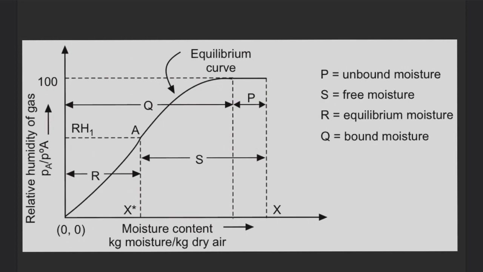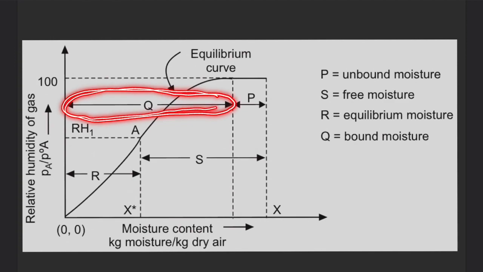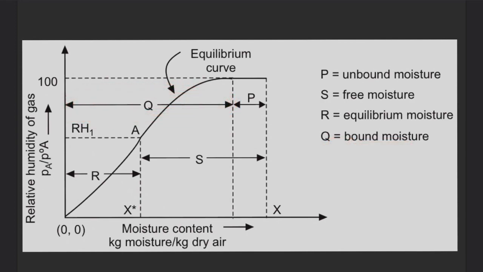Then beyond that, whatever moisture content is available is bound moisture content. It's not that we can remove both of them, but we can remove the unbound moisture completely and some portion of the bound moisture content.